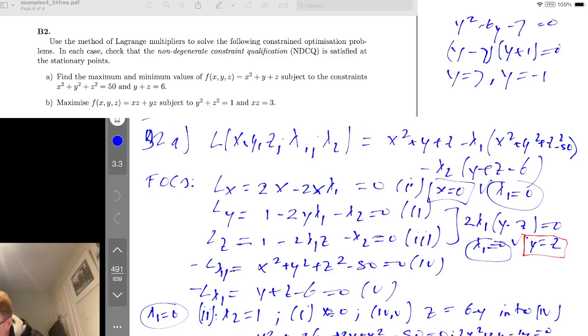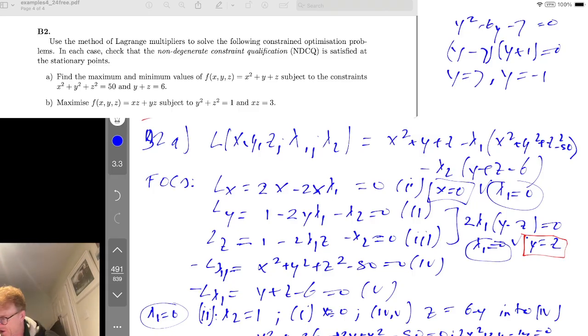Yeah, we have y and z both equal to 3. Then we can solve for lambda 1 and lambda 2. Oh, wait a minute, what am I doing?